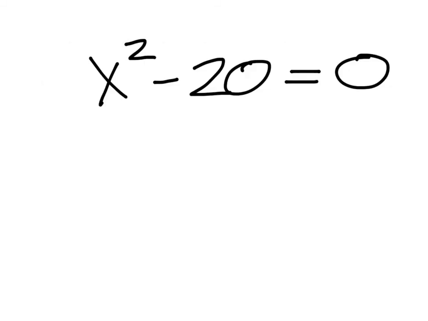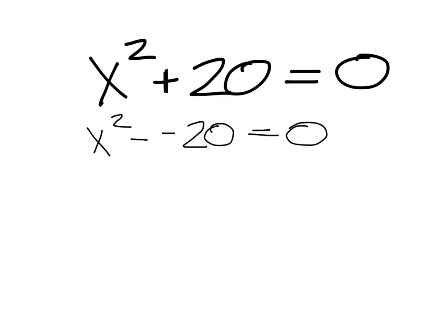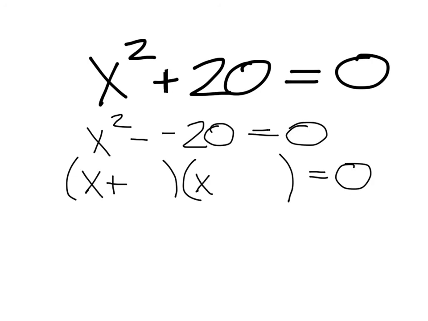Example 4 has one that can be simplified. x squared, and that should be plus 20. So you still break it up as a minus a negative 20. So you have x plus, x minus, and the square root of negative 20.